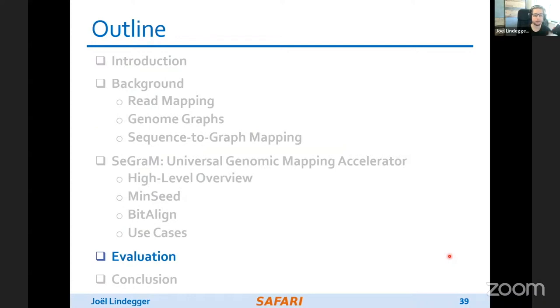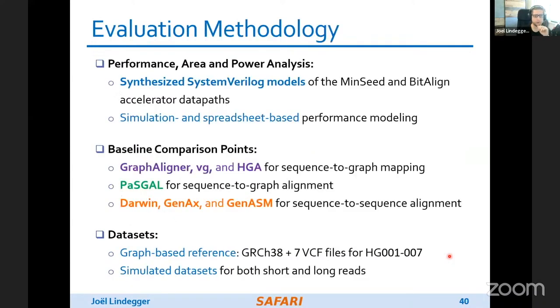We evaluate all those use cases in depth. I will go into a subset of these right now. Essentially, we implement the entire design in SystemVerilog, and then it's a combination of synthesizing, simulating scratchpads, and spreadsheets for throughput numbers. Then we do a bunch of performance measurements of software baselines, as well as check the numbers that these hardware baselines report in their original papers.